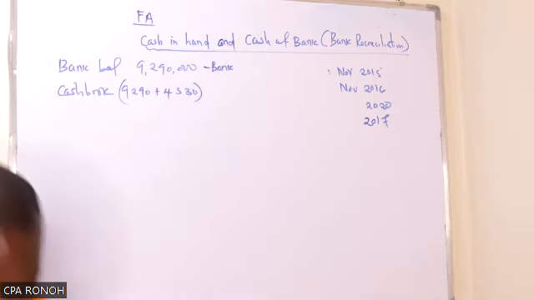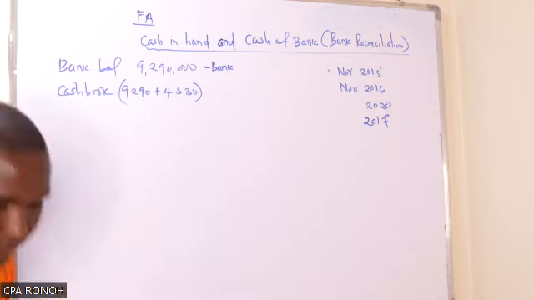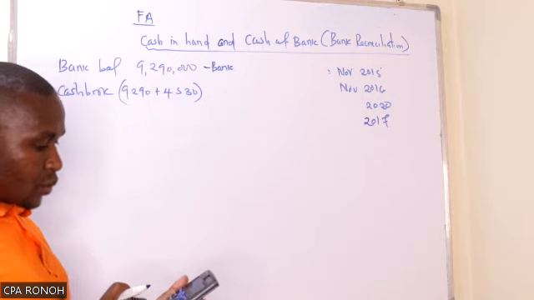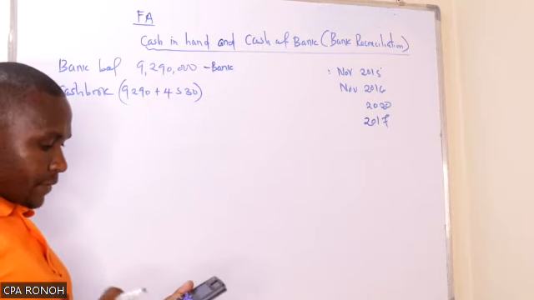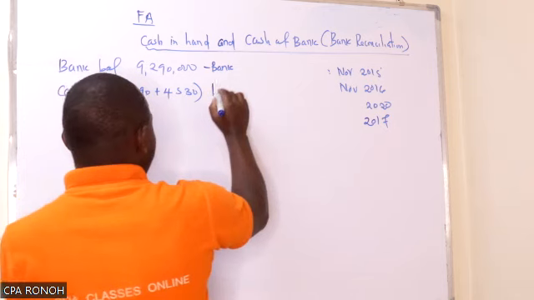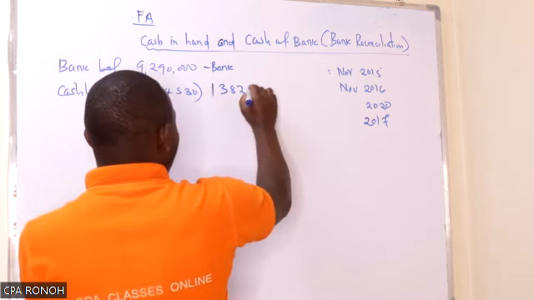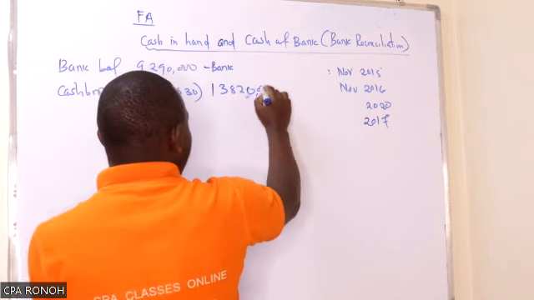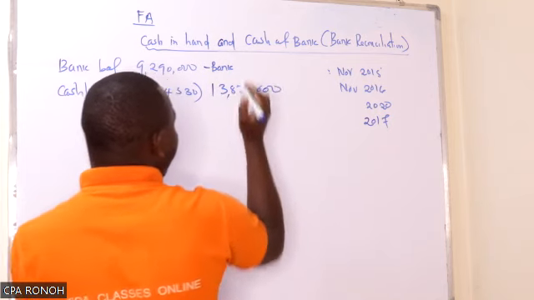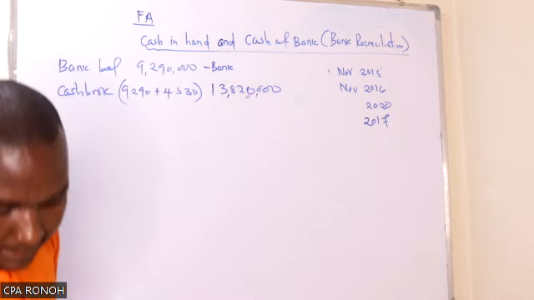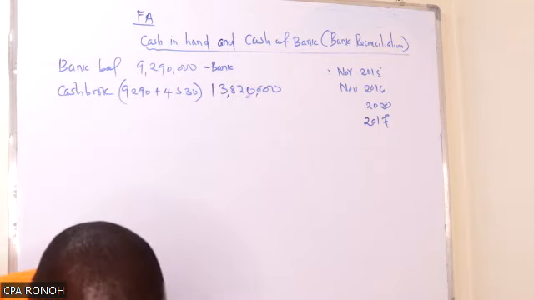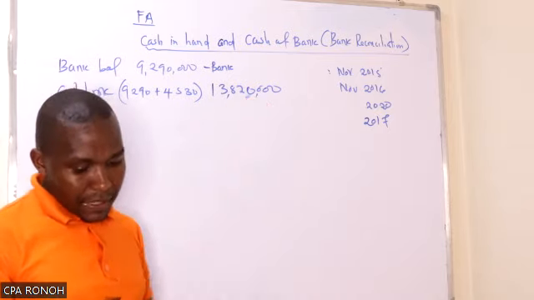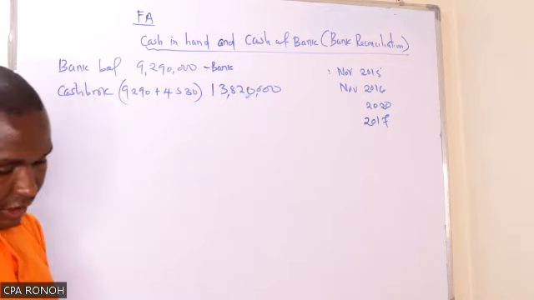How much is that? 9290 plus 4530, we are getting 13,820,000. That is the cash book balance.